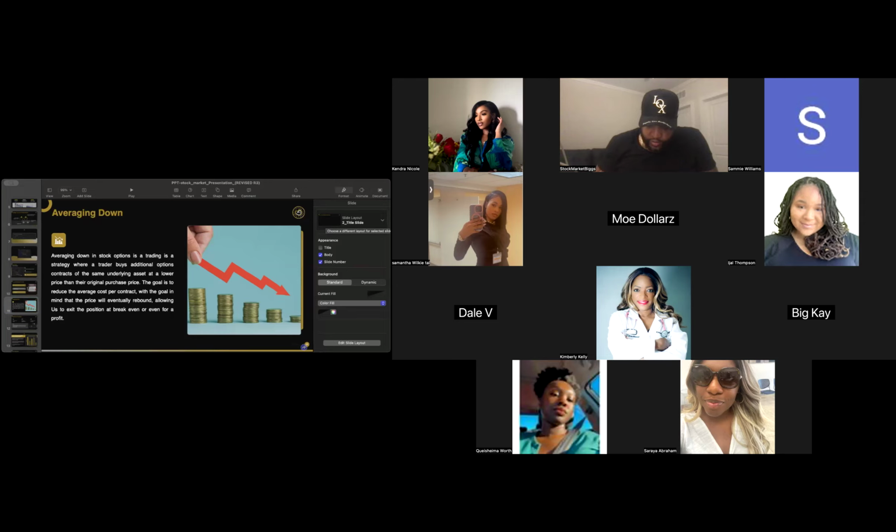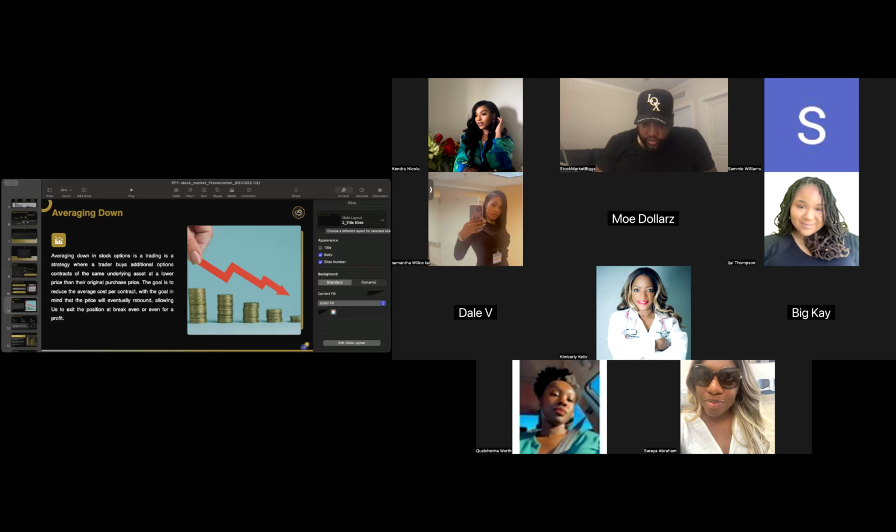So on the screen is the politically correct definition for what averaging down is, right? I'll explain it a little differently. Have you guys ever bought something? Let's say you're a lady and you bought some Fenty foundation or concealer. I like the Fenty Pro concealer, and let's say it costs $40.